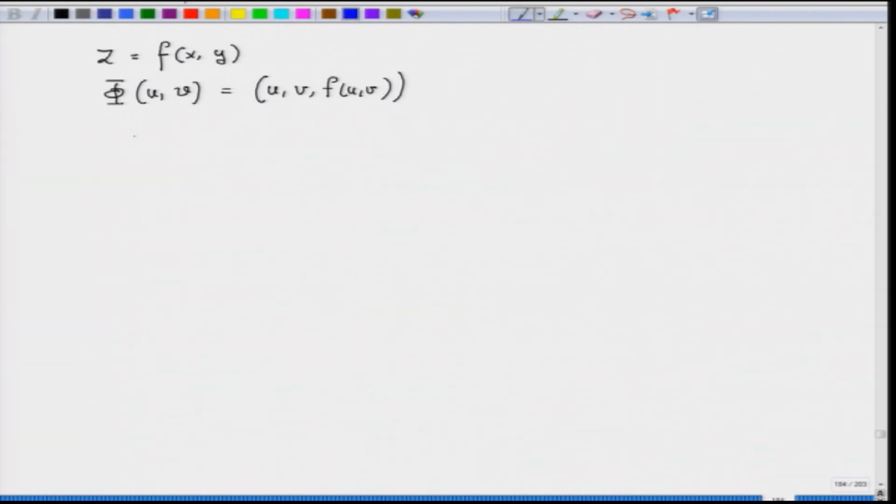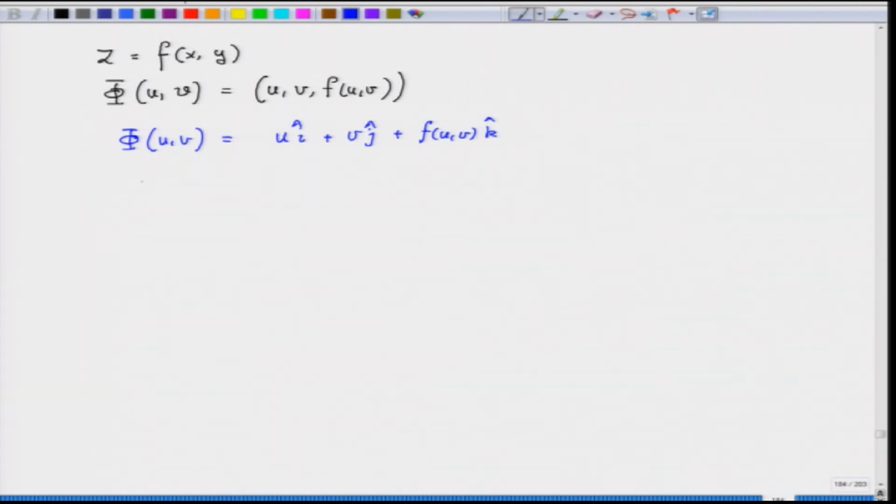Basically what I have done is written phi(u,v) as u i vector, v j vector and f(u,v) k vector.